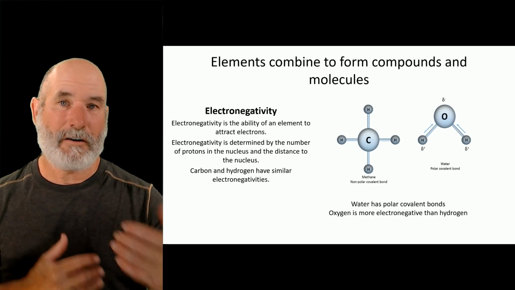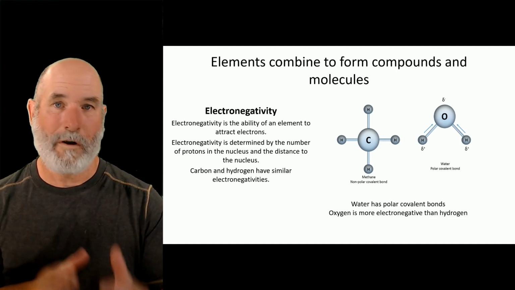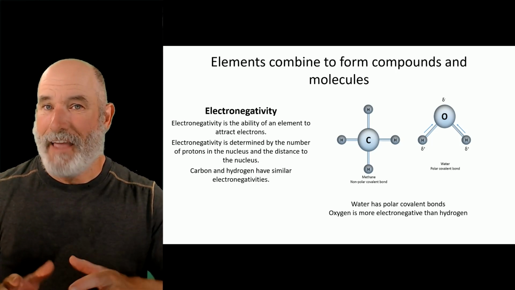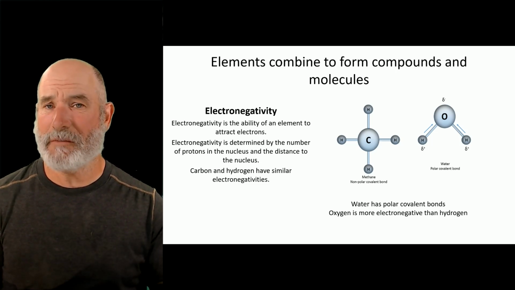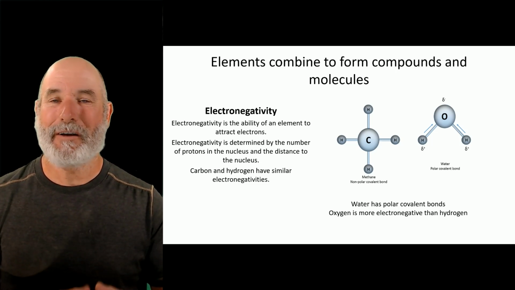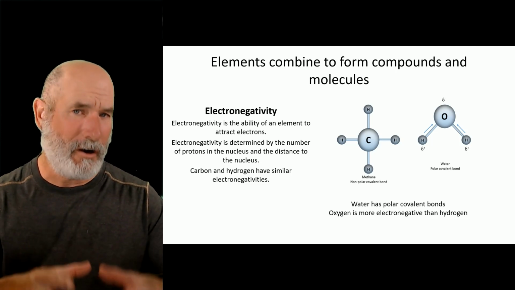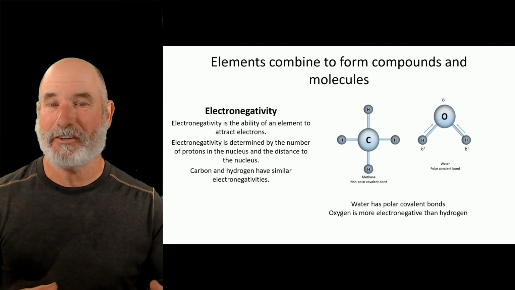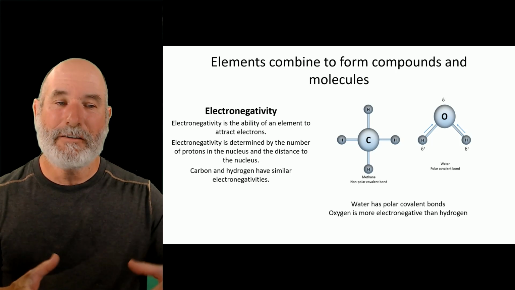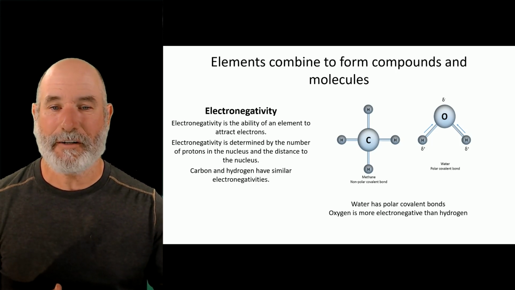So if you take carbon and hydrogen, 1 proton versus 6 protons, they actually have really similar electronegativities, because that 1 electron is much closer to that 1 proton, but in carbon, the valence electrons are in the next shell, further away, so they have similar electronegativities.